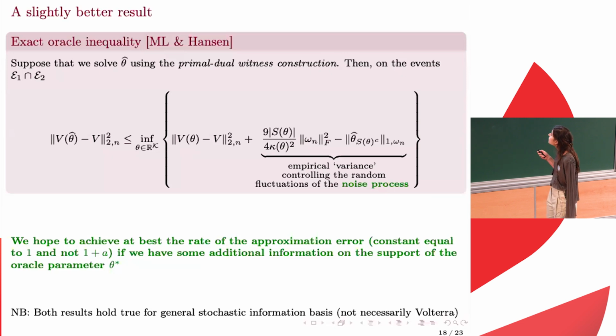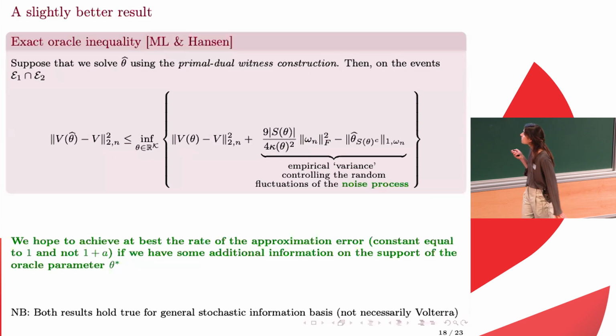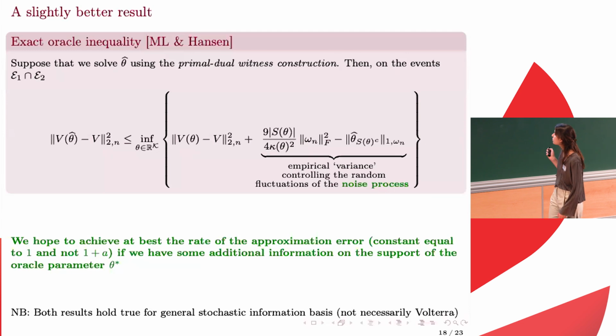So we can achieve at best the rate of the approximation error if we have this additional information, okay? And so I just want to stress that both results hold true for general stochastic bases and not necessarily only for the Volterra expansion, okay?